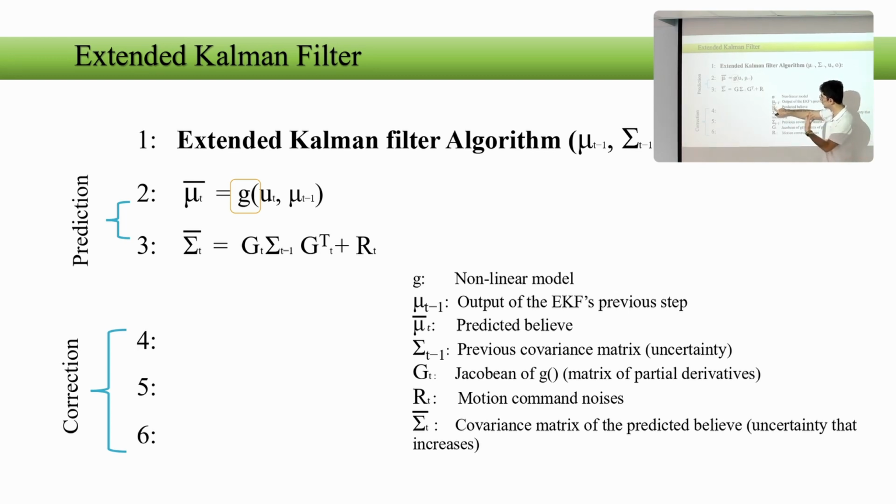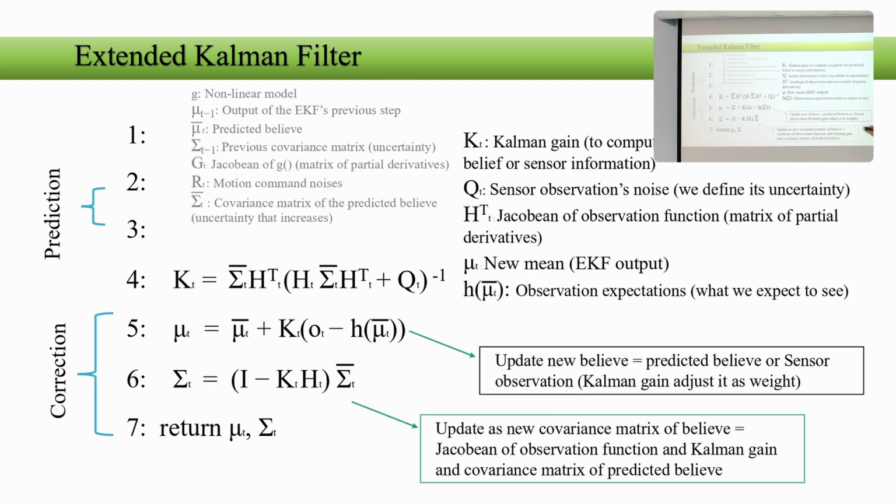That predicted belief is equal to the predicted mean, and it means where the prediction and my belief say I am. We have the covariance matrix of the predicted belief and the previous covariance matrix, and G_t and R_t are the Jacobian of g and the motion command noise, so that later when you are studying you can understand exactly what's happening without going too far back to the slides. So I added some notes here. I explained all of these today for you.